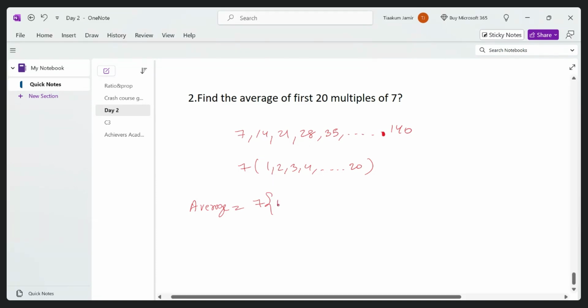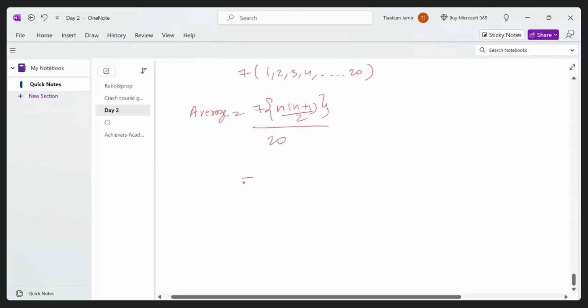So in this case, n(n plus 1) by 2, divided by the total number of observations, which is 20. Now n is 20, so 7 times 20 into (20 plus 1) gives us 21 by 2, divided by 20, and 21 and 10 times.